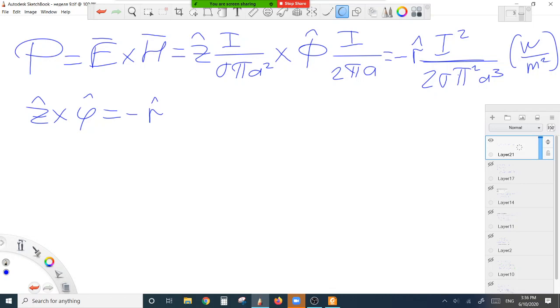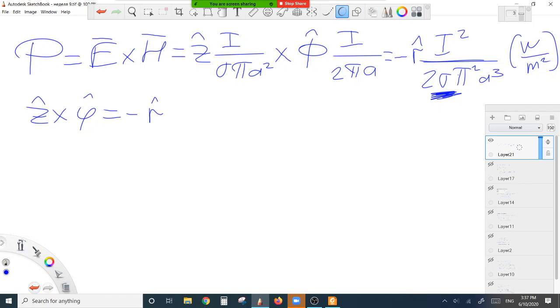Well, this is the power density entering the conductor through its outer surface. So you may note that for a given current, the dissipated power density is inversely proportional to the conductivity. Conductivity is in the denominator.